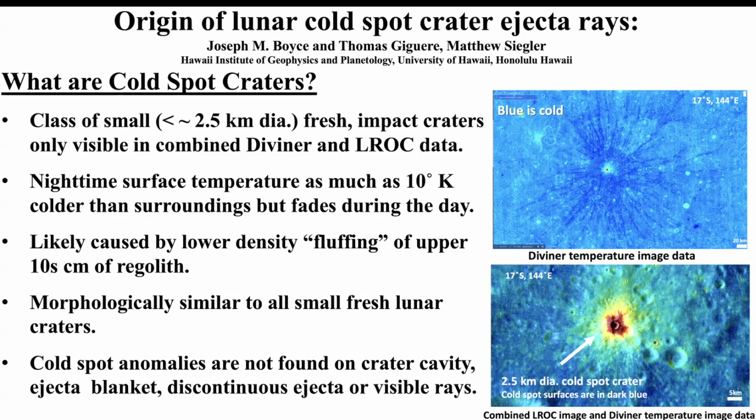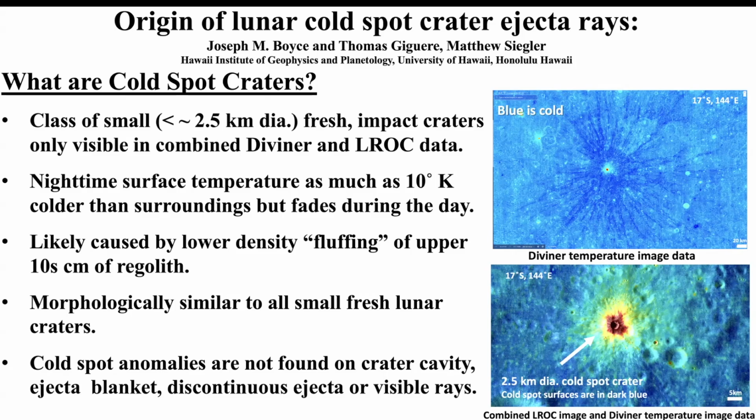They occur only on these smaller type craters, and they're visible in Diviner and LROC data. I think we add the LROC high resolution data, but they're really, I think, discovered with Diviner. So let's give credit where credit's due there.